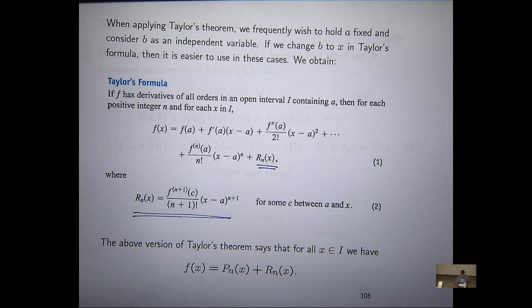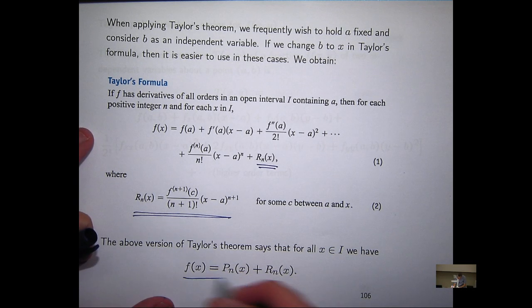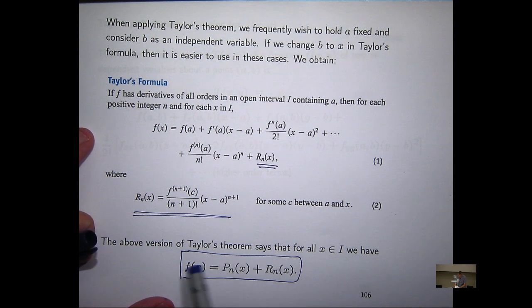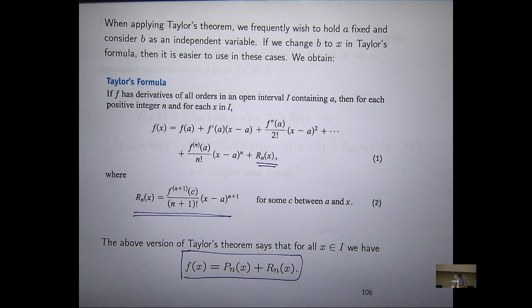That's pretty powerful stuff. Essentially this representation is what I've just said out loud. You can write a function as a Taylor polynomial plus some error term. That's the summary of this theorem. Very powerful.